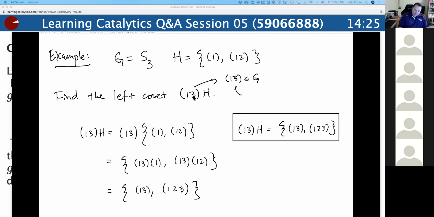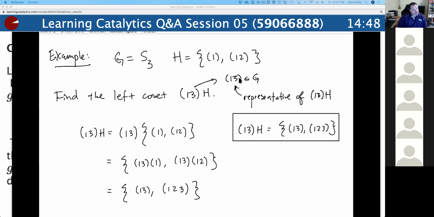This element is called the representative of the coset (1,3)H. We'd love to think of it as a generator, but it's not quite like a generator is for cyclic groups, so we use the term representative instead. So (1,3) is the representative.